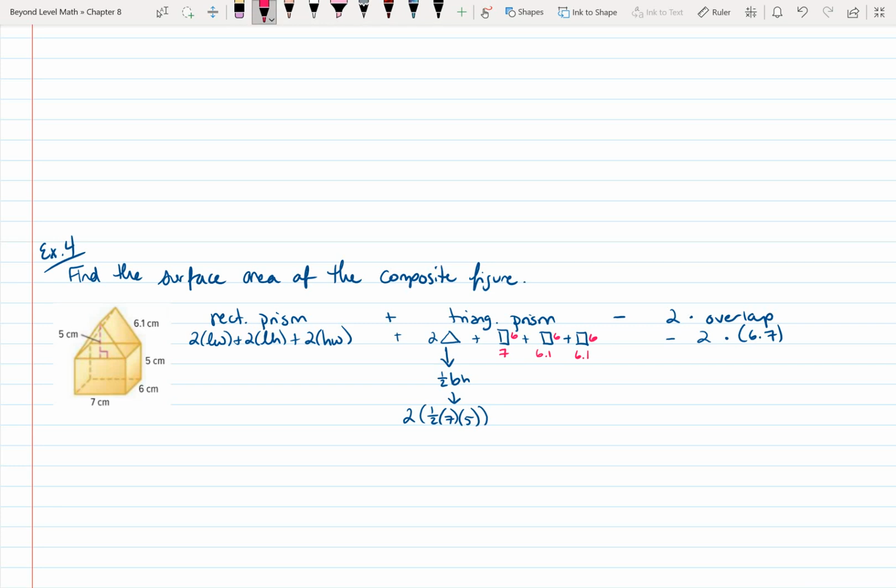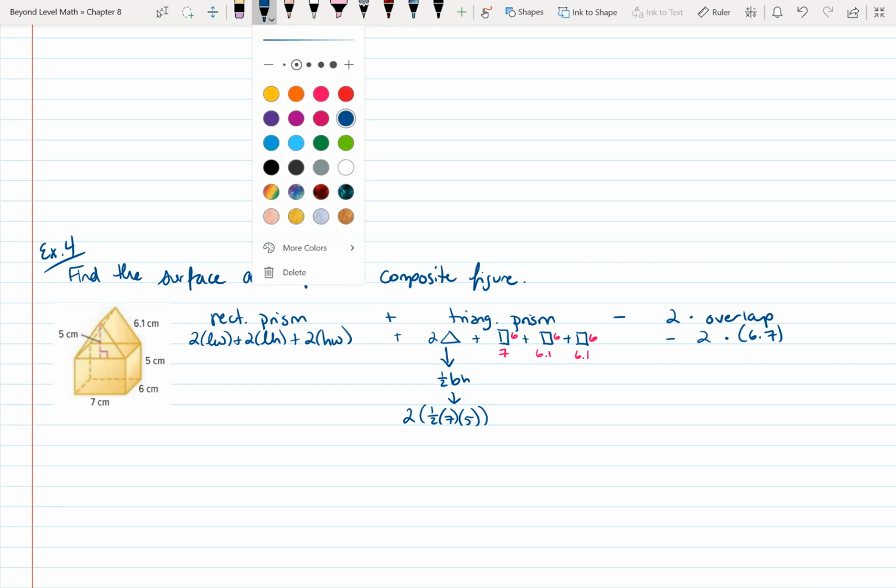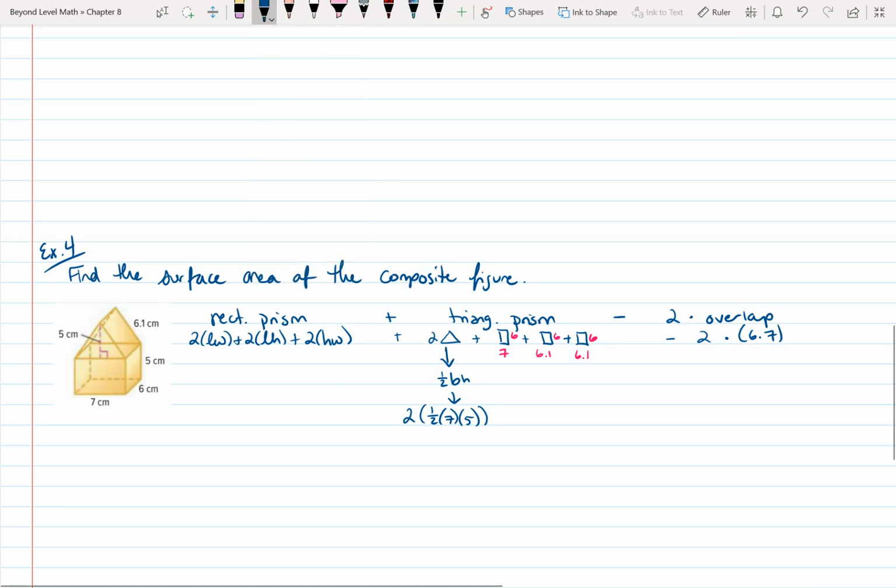Alrighty, so let's finish out our formula by plugging in. So we've got, plus 6 by 7 plus 6 by 6.1 plus 6 by 6.1. Okay, minus 2 times 6 times 7.